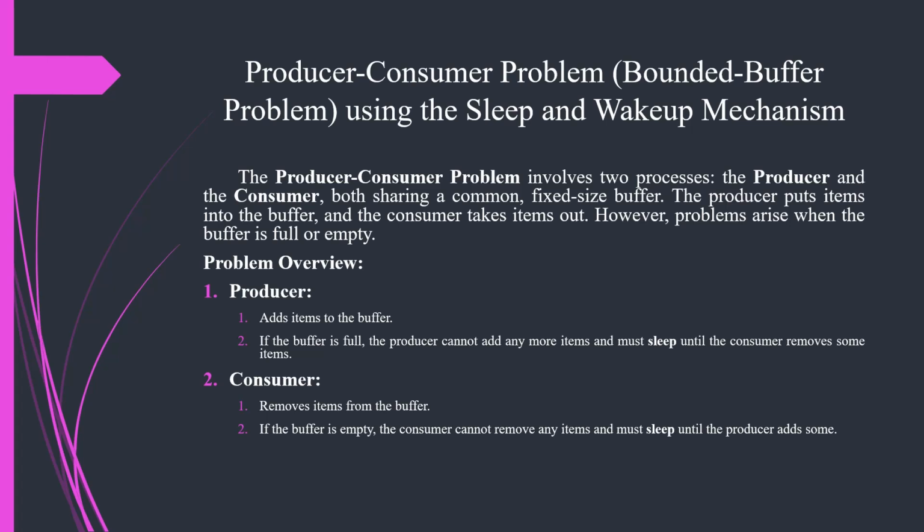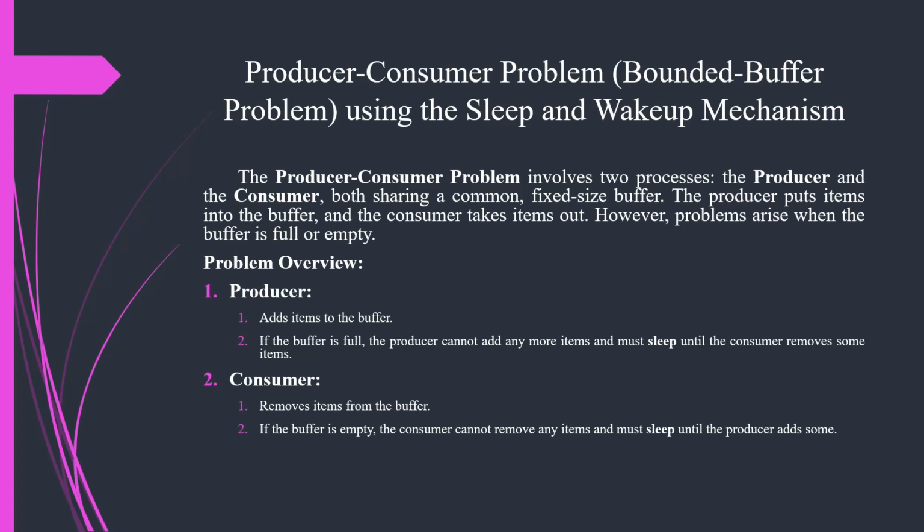So what is the job of the producer? The producer is going to add items in the buffer. If the buffer is full, the producer cannot add more items into the buffer. So until then, the producer will keep in sleep mode until the consumer removes some of the items from the buffer. This is the task of the producer, and then we can come to the consumer.